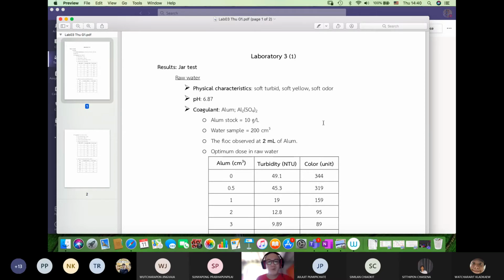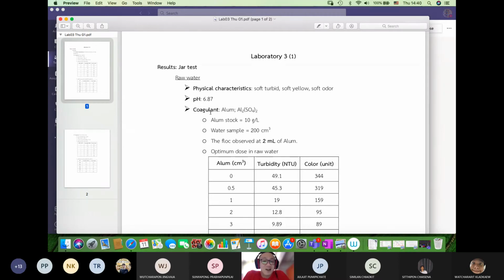The pH of the raw water is 6.87, very close to 7. Probably there's no need to adjust the pH as it is close to 7 and already in the range where the alum can work.